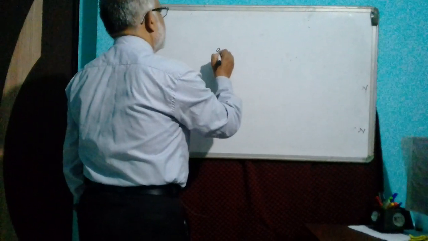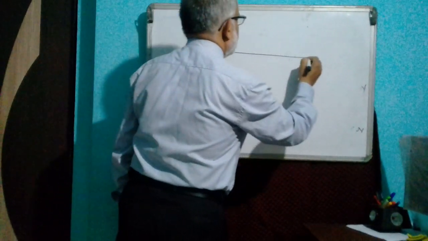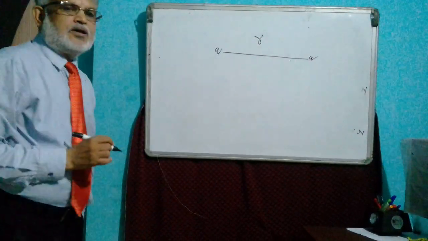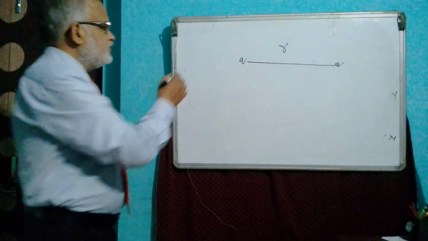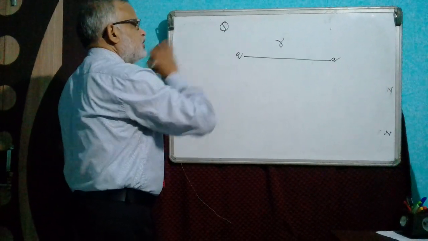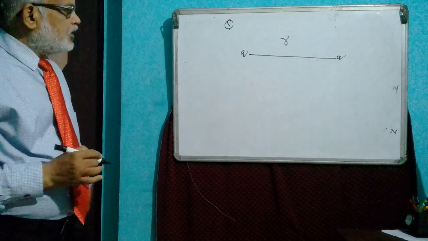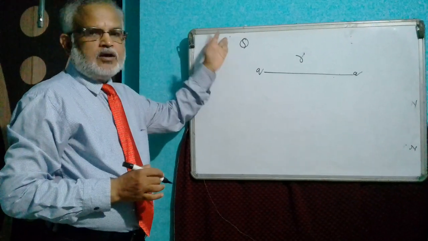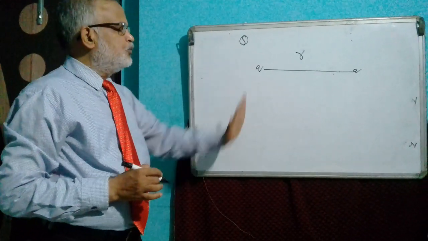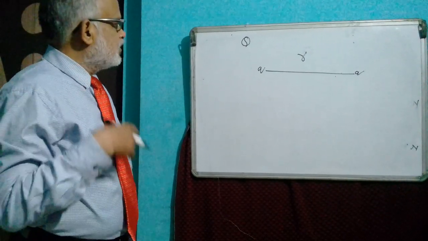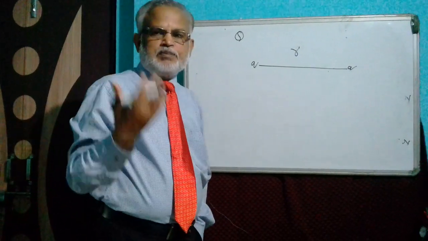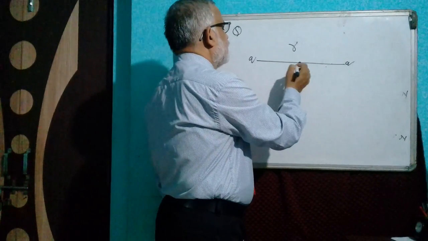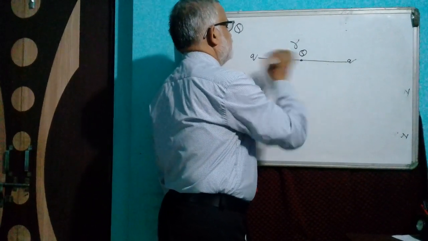Two charged particles having charge Q are placed at separation R. There is another charged particle q. Find the position, magnitude and nature of q, such that all the charges are in equilibrium.